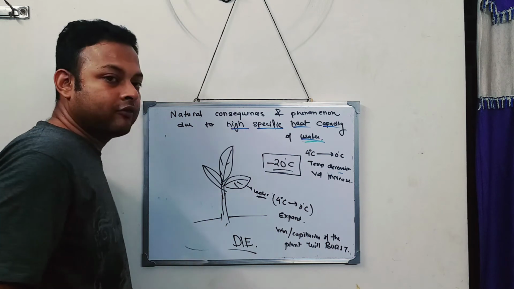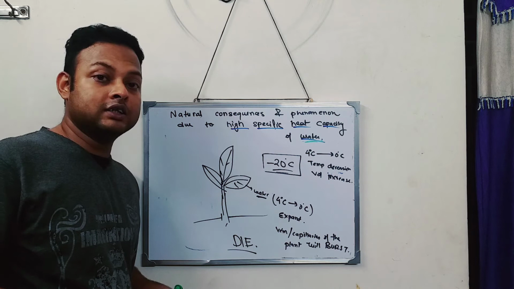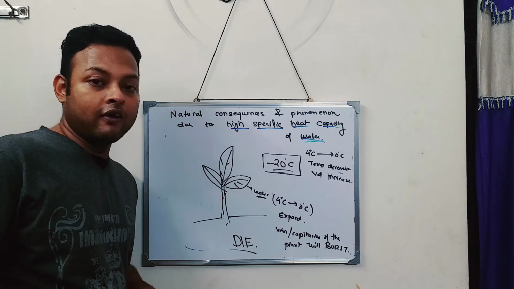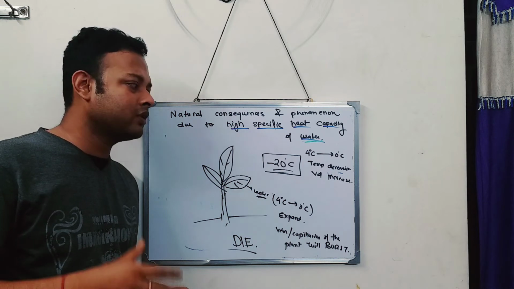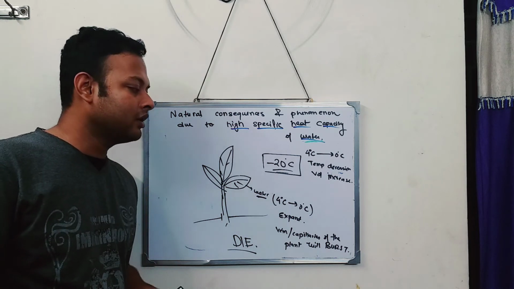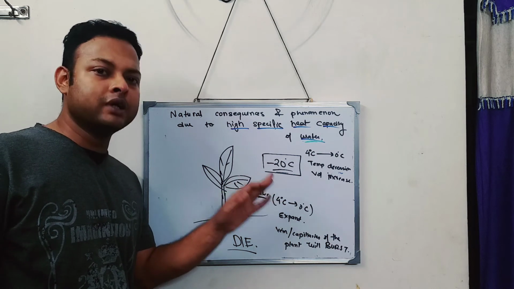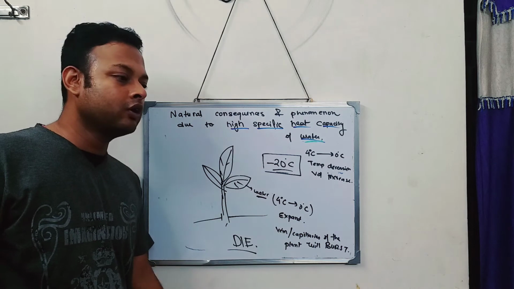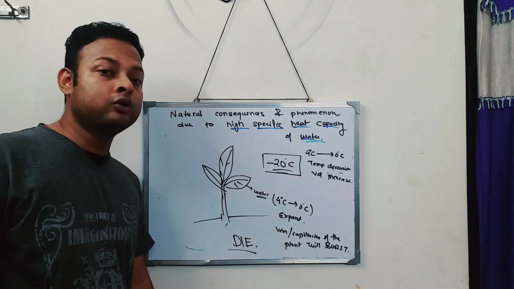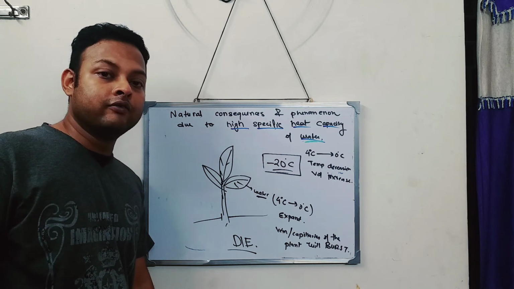Now suppose a farmer has planted 100 crops, and that is the earning of the farmer, and in the winter the temperature was severely cold, and the temperature went below 0. The temperature went below 0, not minus 20. So what will happen to all 100 crops that the farmer has planted in his field?